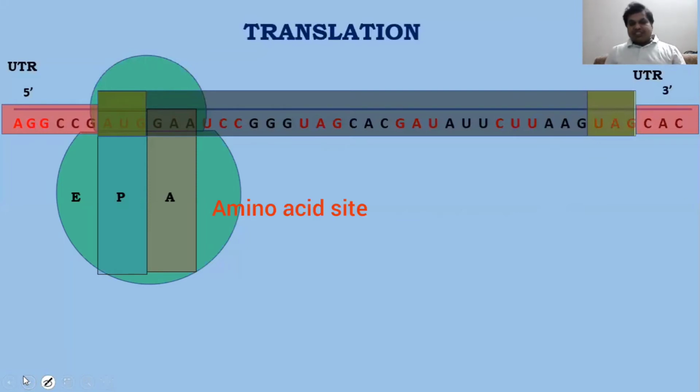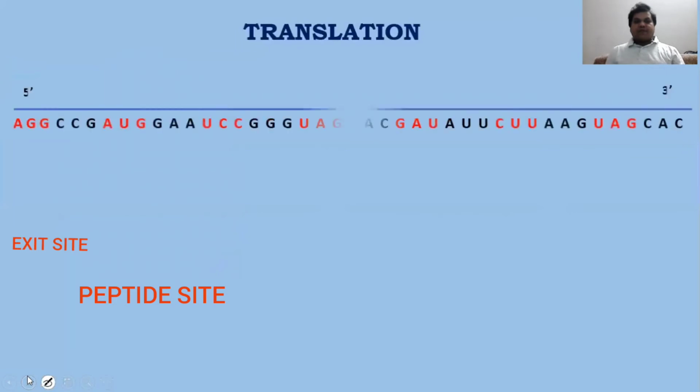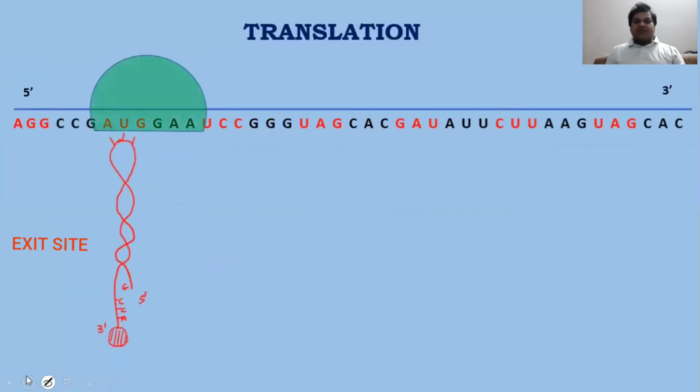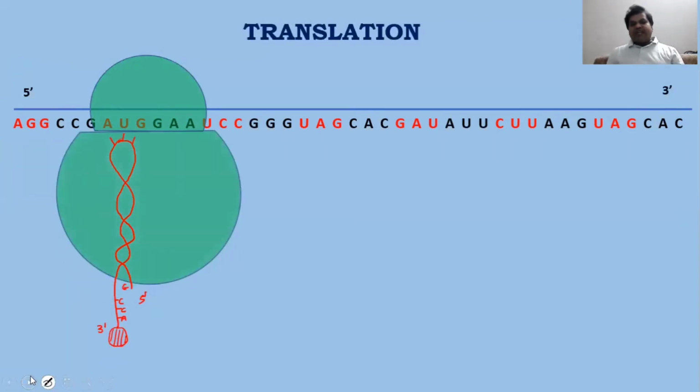Once the initiation is completed, the next step is elongation. See here, when the initiation takes place, at the start codon you will find a tRNA which will carry an amino acid called methionine, because for the AUG codon there is methionine.